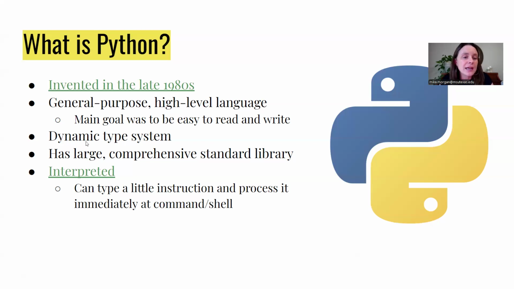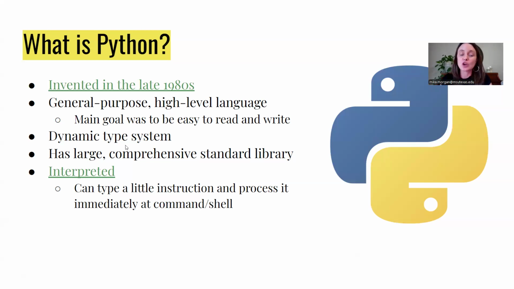Python is really nice because dynamic means it happens during runtime. It happens as the program is executing. Python can go through and determine what type of information you need for a variable itself. In some languages like Java or C++, you have to tell the computer the data type every single time you make a variable.